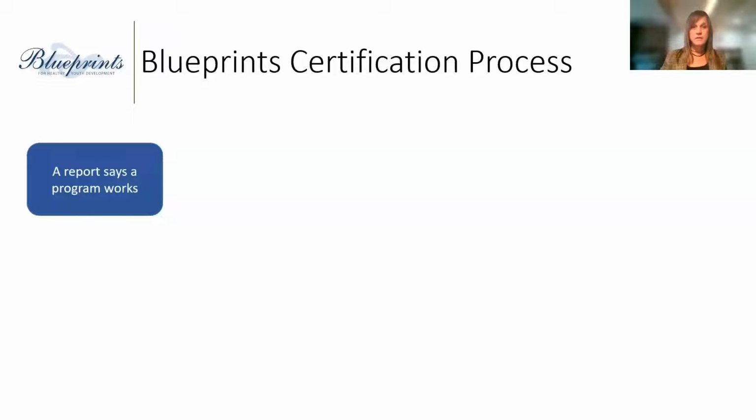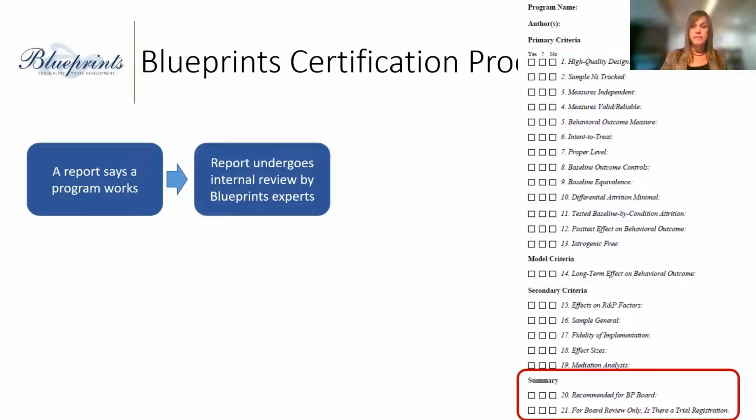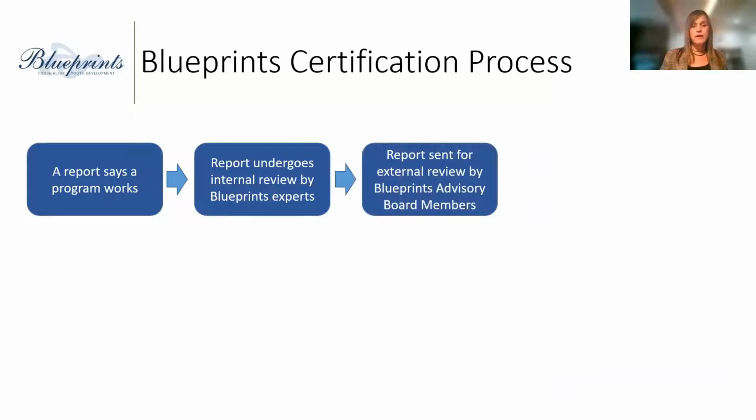We have a whole process for certifying an intervention. We start by finding a report that says a program works. That report undergoes an internal review by myself and other experts on the Blueprints team. We have a checklist with lots of questions around research design, statistics, analysis, etc. And we as a team decide if that intervention is designed strongly enough, and enough information is provided in terms of those results, that it should then undergo a second round of review by the Blueprints Advisory Board.